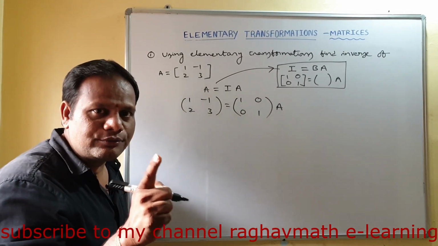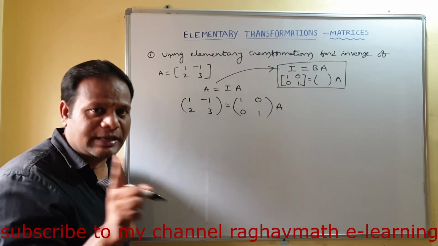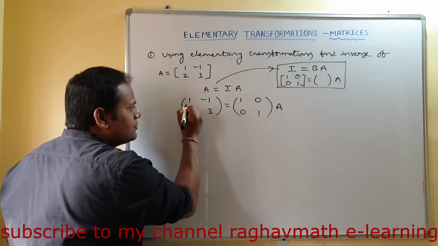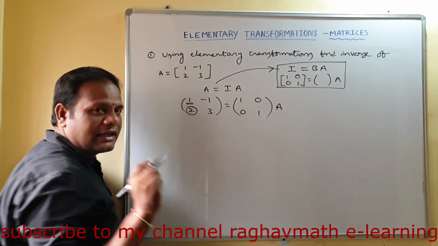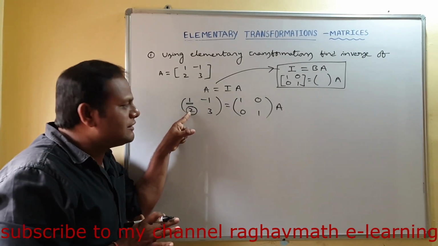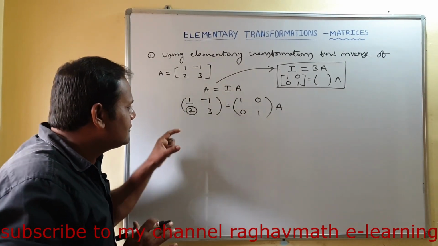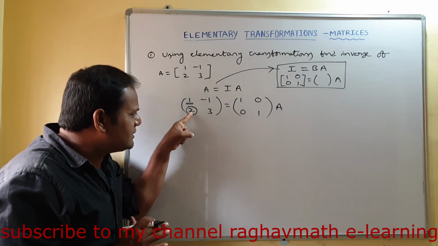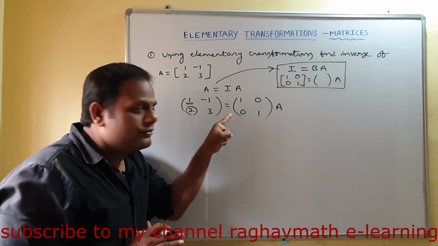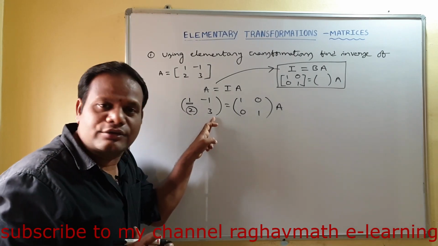So your first target or first step is to make this element 0 using this element. Don't confuse. Make this element 0 using this element. I am going to make this 0. So which row is going to be affected? That is the second row.